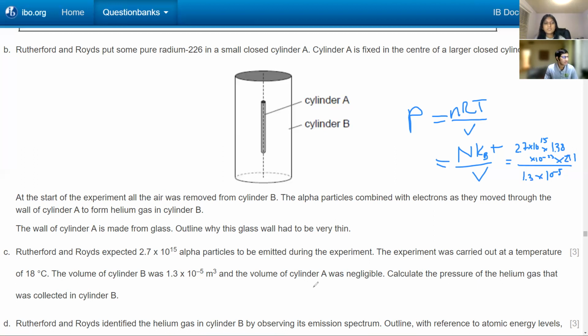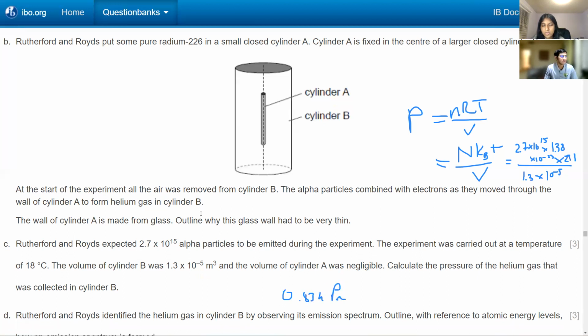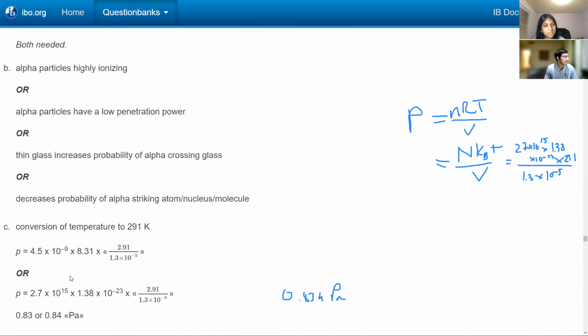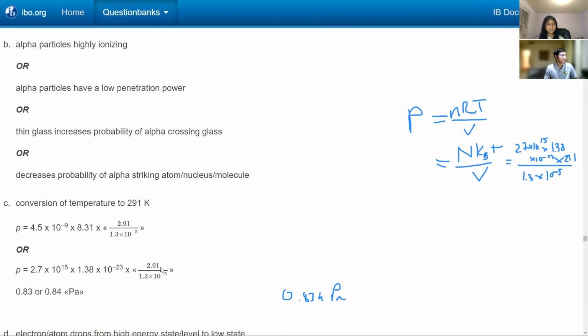The answer is 0.834 pascals. Is that right? That's correct. Oh, we have to round to two sig figs. I don't think she'd care for now, but that's on the exam.